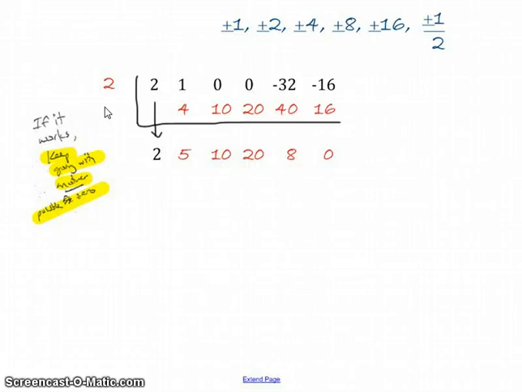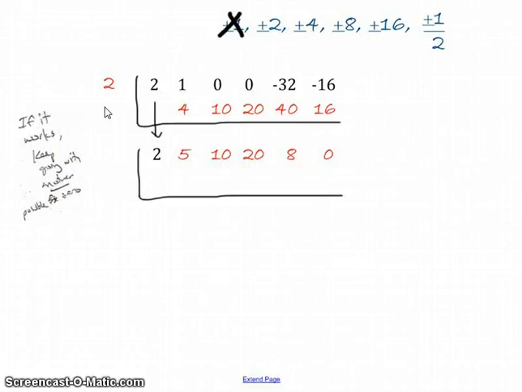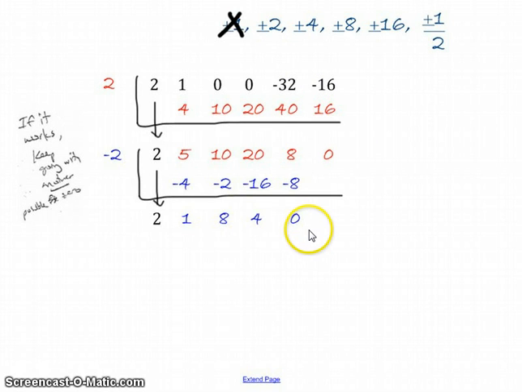And like I said in the previous example, keep going at this point. So you're going to try negative 2. I've already crossed off plus and minus 1. They didn't work. I'm going to try negative 2 as I say, and negative 2 does work. I end up with no remainder. So 2 and negative 2 are a pair of the answers I'm looking for.